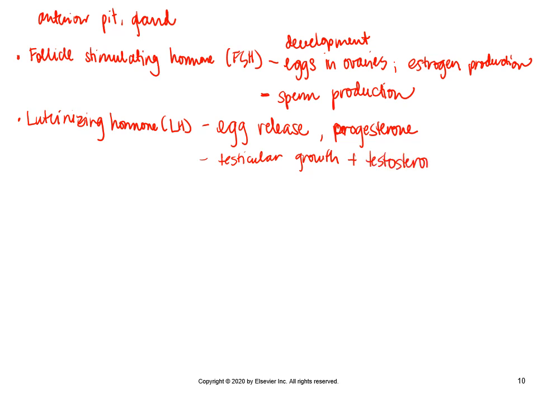Testosterone. Okay. All right. Now let's go over, still in the anterior pituitary gland, is your prolactin. Okay. And what prolactin does is it stimulates breast milk production. Okay.